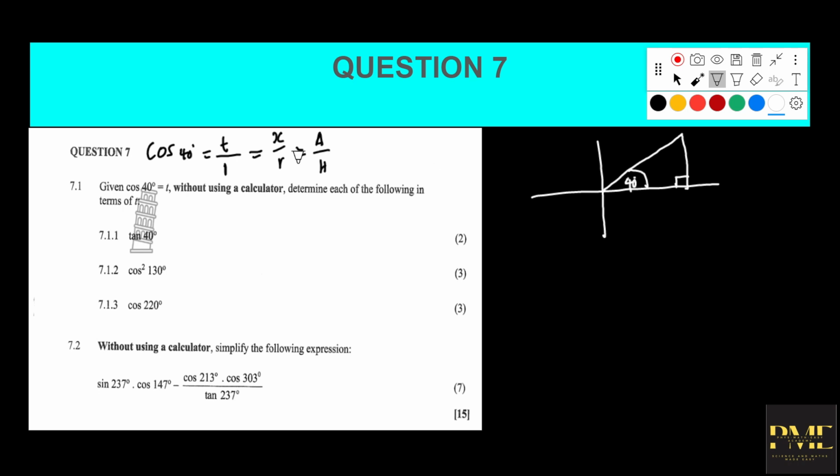So let's say cos of 40 equals t over 1, that is adjacent over hypotenuse or x over r. We see that our adjacent side or our x is the x component respectively. So we see this side will be t, and then our radius or hypotenuse is equal to 1, okay, right, cool.